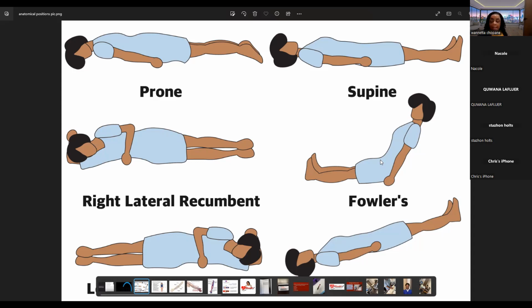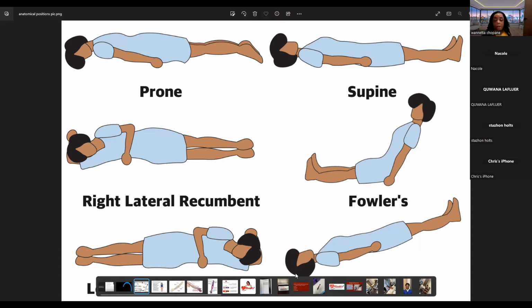Will you see that again? You probably won't see that on your exam, but you will see lateral and supine. If you have Fowler's as a choice, and it's all about reclining in a chair, just know the difference. But I don't think it will have that for you. Supine and lateral for sure.